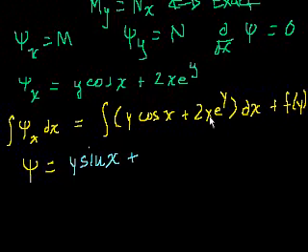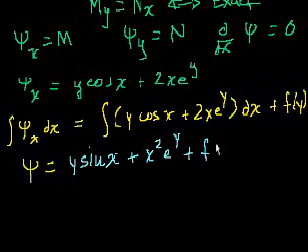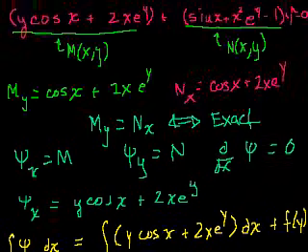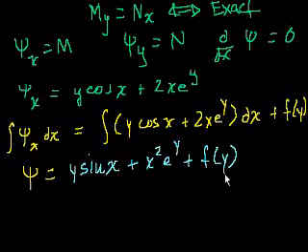The antiderivative of 2x with respect to x is x squared, so it's x squared e to the y, and then plus some function of y. If you want to verify this is true, take the partial of this with respect to x. You're going to get this in here, which is our function m up here, and the function of y will get 0 and be lost.